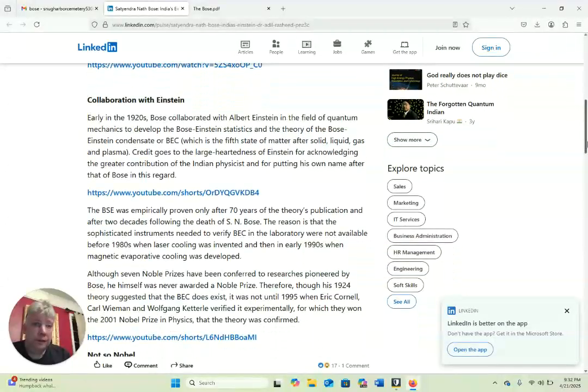It says that in the early 1920s, Bose collaborated with Albert Einstein in the field of quantum mechanics to develop the Bose-Einstein statistics and the theory of the Bose-Einstein condensate. Credit goes to the large-heartedness of Einstein for acknowledging the greater contribution of the Indian physicist and for putting his own name after that of Bose.